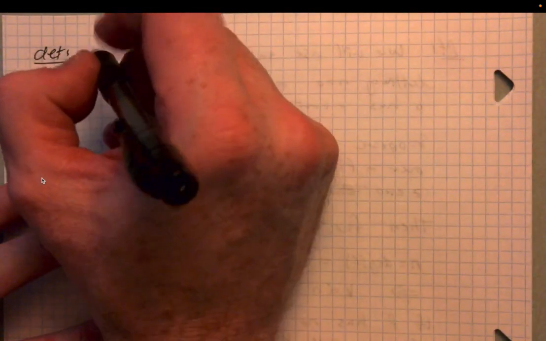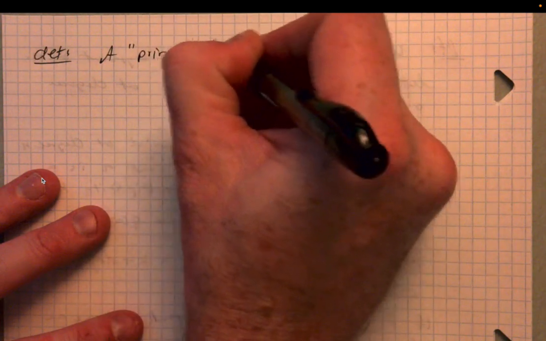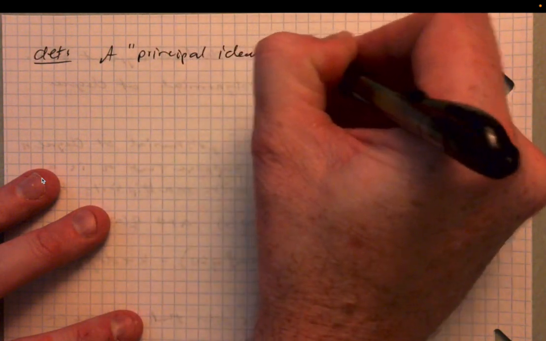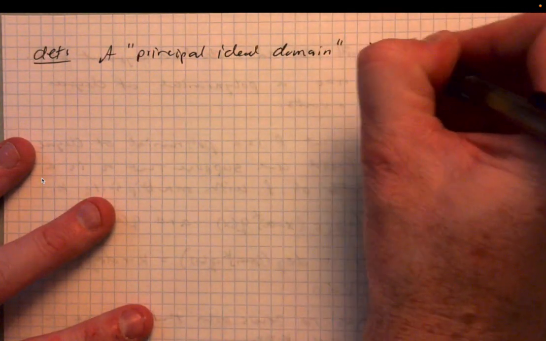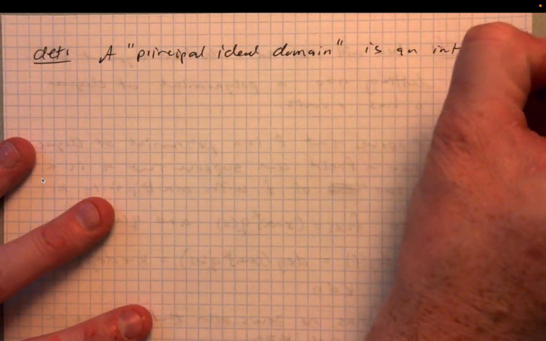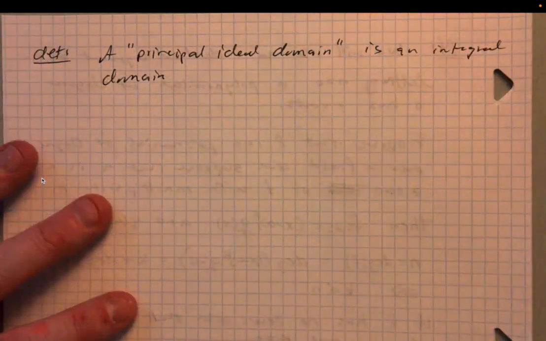So let's say that a principal ideal domain, okay, is an integral domain. Right, so integral domain, remember, commutative ring with unity, no zero divisors.